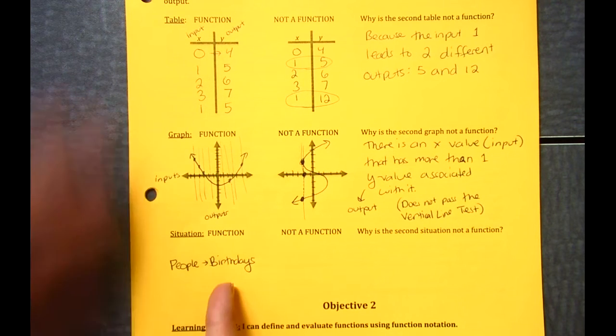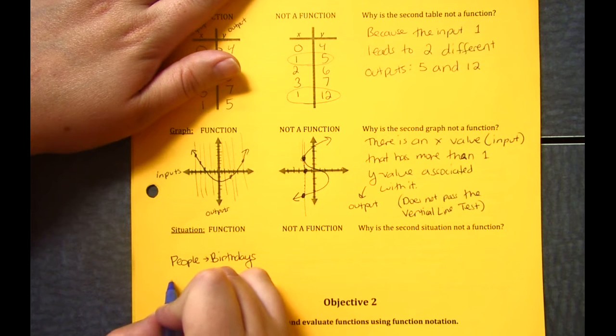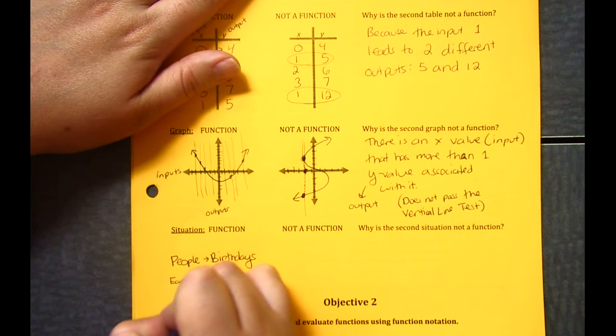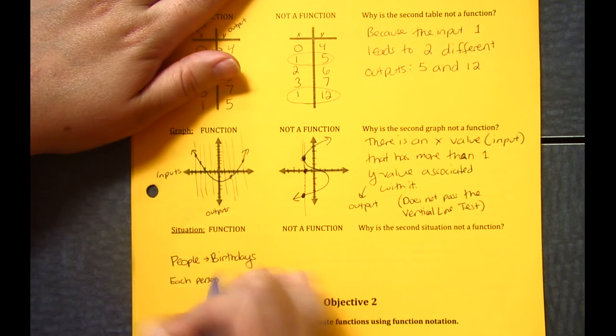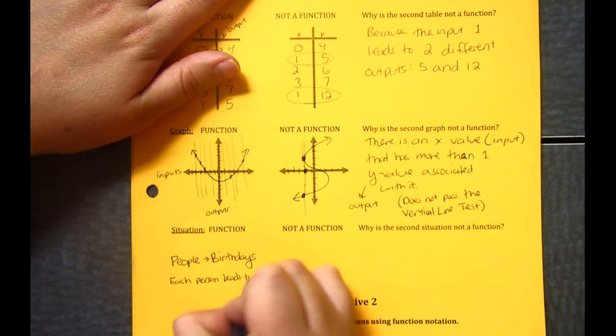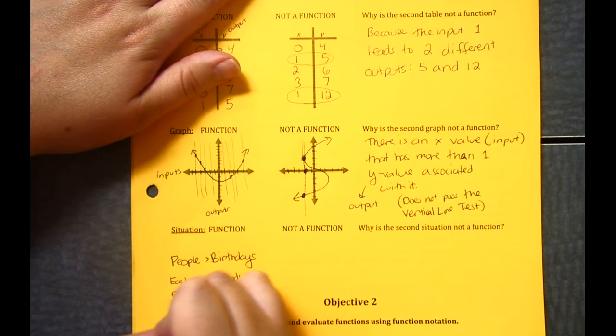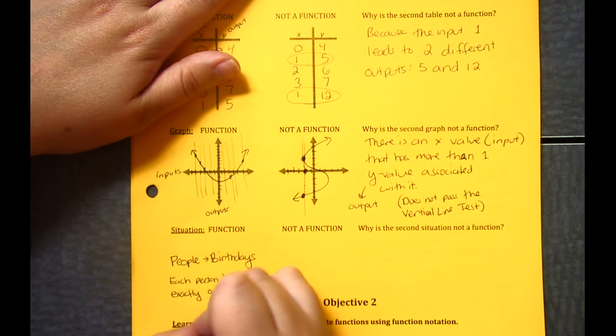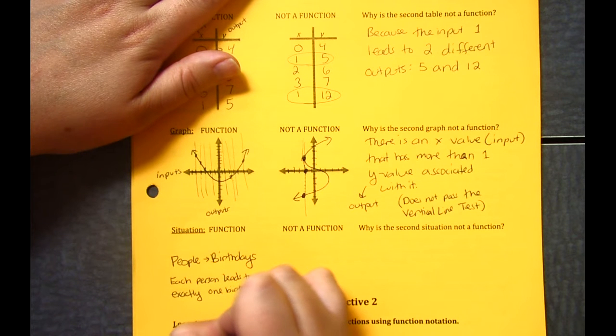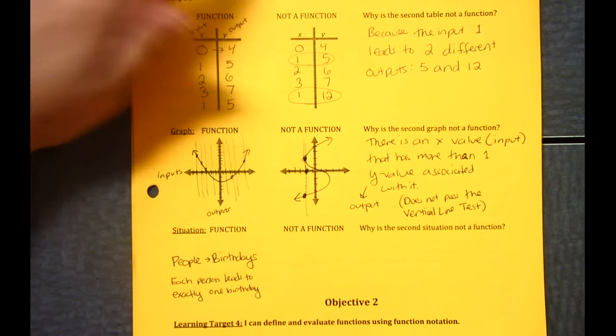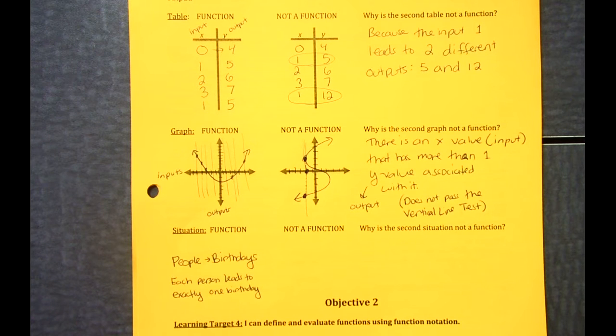This is a function because each person leads to exactly one birthday. Nobody has two birthdays. Even if they were born at exactly midnight, there's only one birthday written on their birth certificate. So every person has one birthday. So that's a function.